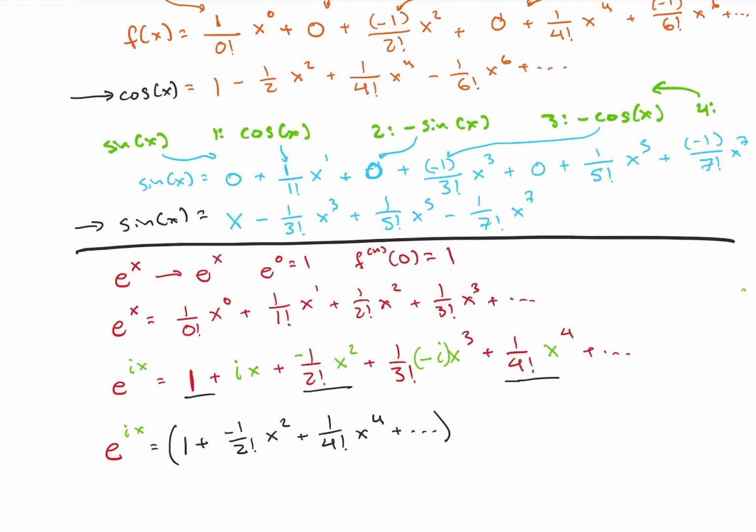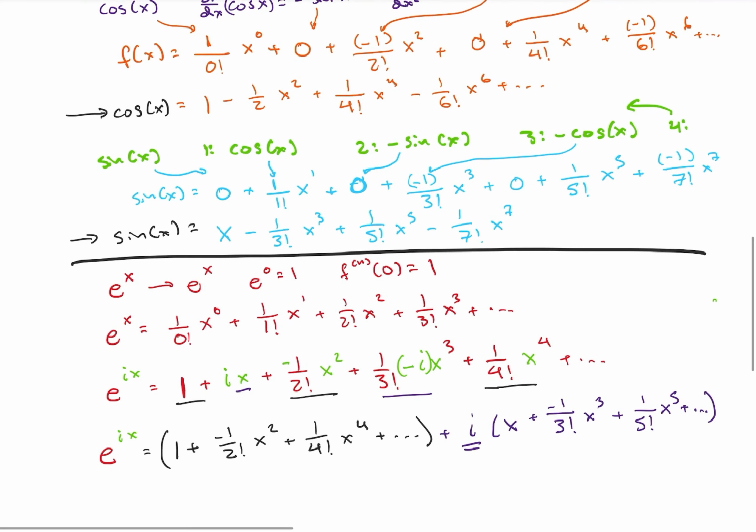And then I add this to everything that does have an i. Everything that does have an i is going to be x plus negative 1 over 3 factorial x cubed plus, and then it'll end up being positive 1 over 5 factorial x to the 5th, and so on.